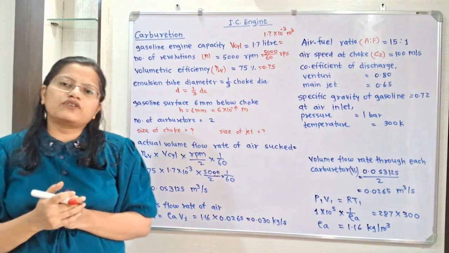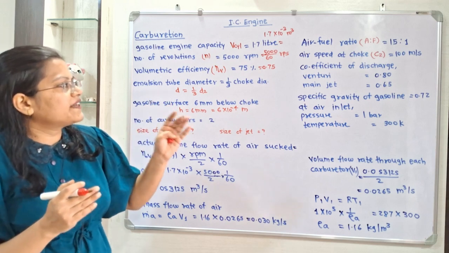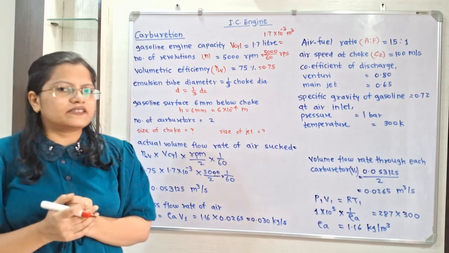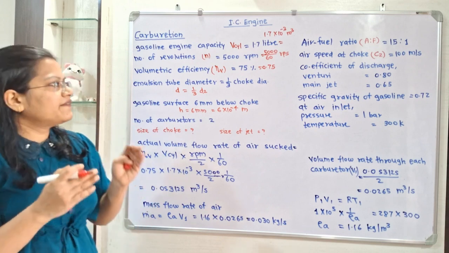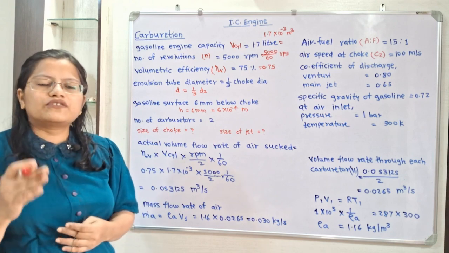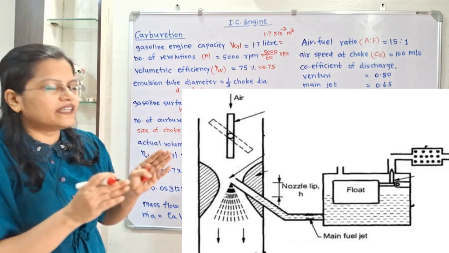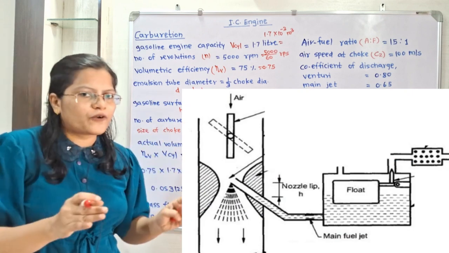Now coefficient of discharge. The coefficient of discharge at the venturi and at the main jet is given. At the venturi it is for air, and at the main jet it is for the fuel.